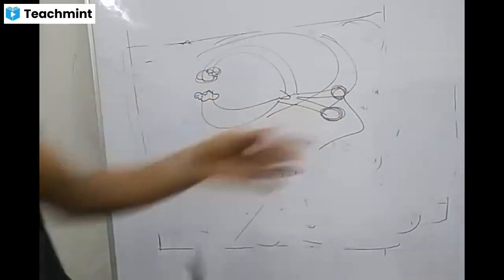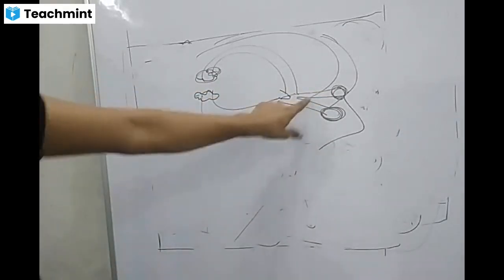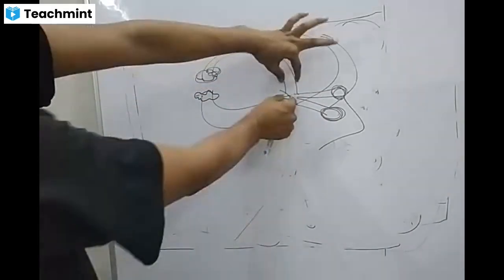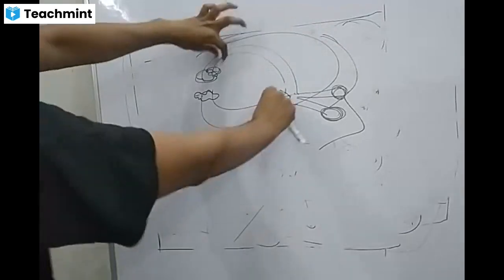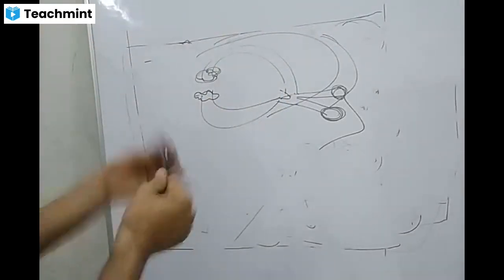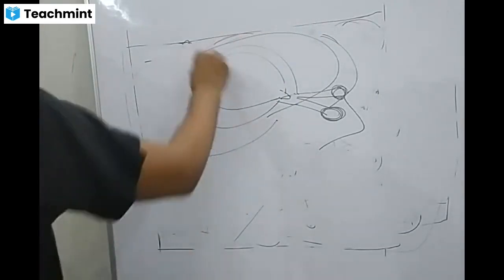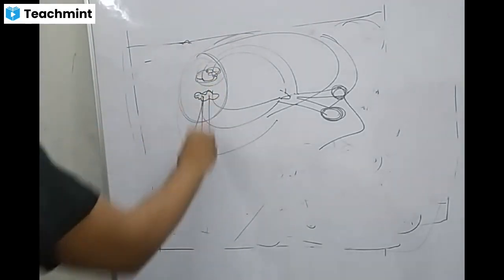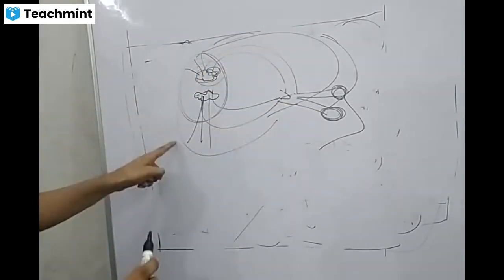These are two eyes, these are two optic nerves. When they combine, we call them the optic chiasma. Then they divide into the optic tract, and these optic tracts enter the portion of the brain which is the visual cortex. Also, there are some other optic radiations. So this is the pathway of the visual system.